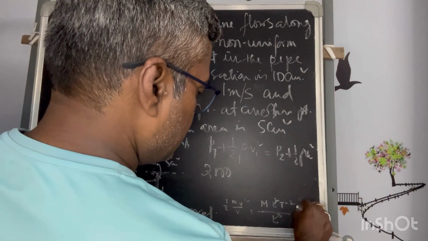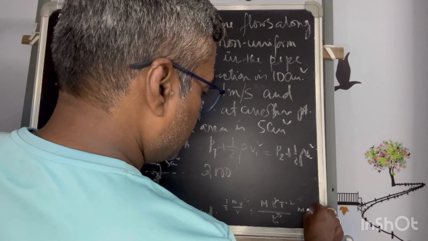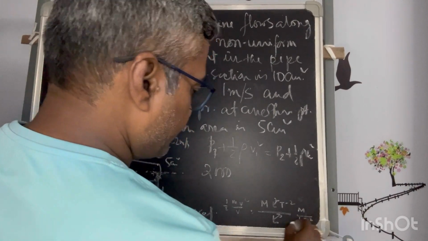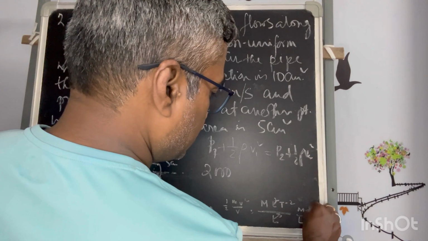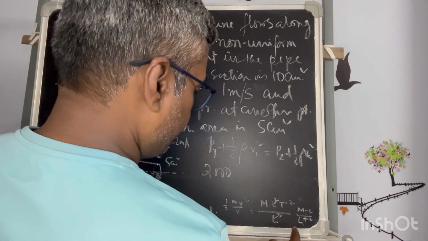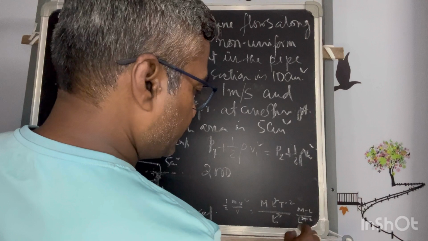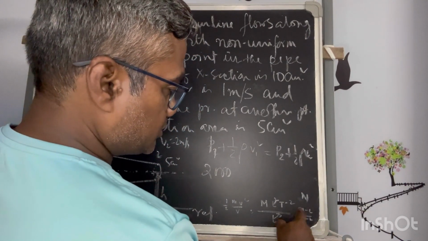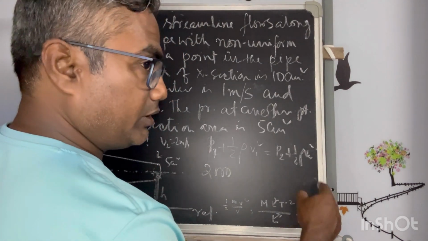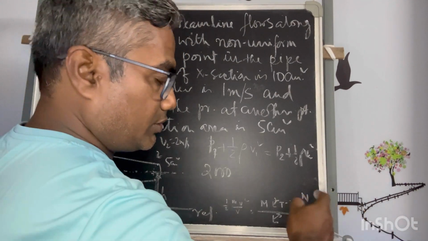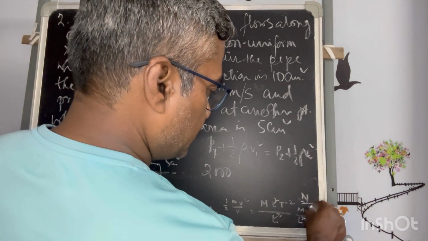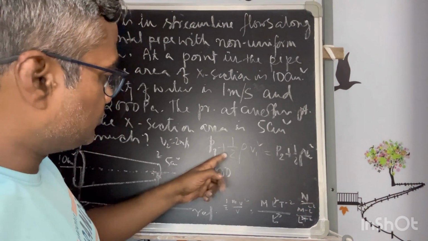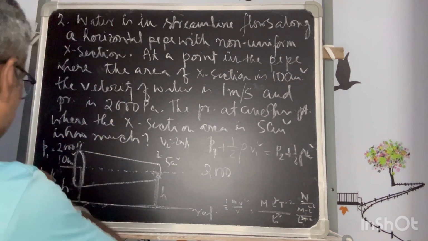So L cancels out, M into L by t square. That is mass into length by t square, that means m into a, the force unit, Newton per L square. Now you can see this unit is equivalent to Pascal, and this is also equivalent to Pascal.